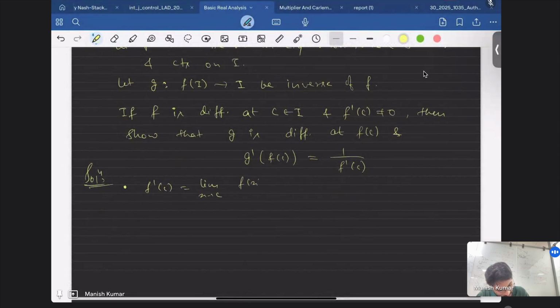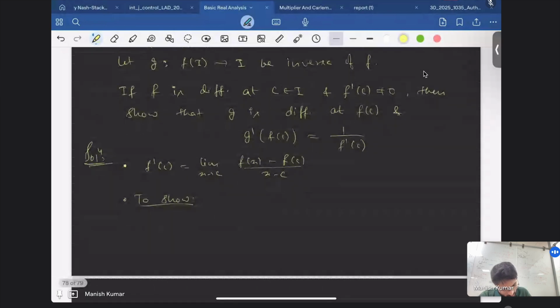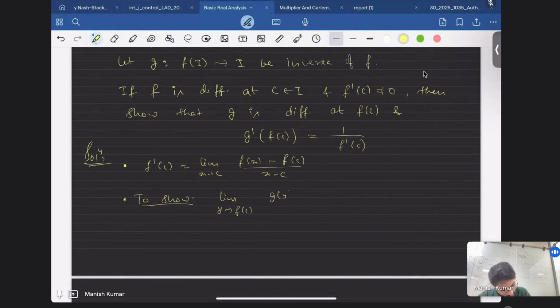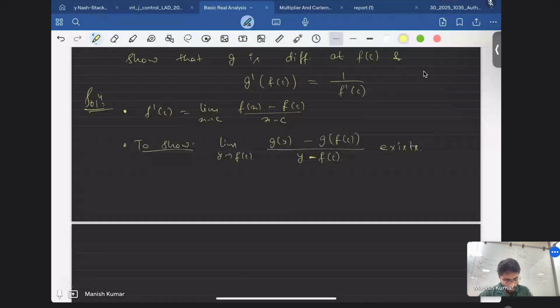Now my goal is to show that g is differentiable at f(c), so limit, let's say y going to f(c), of (g(y) minus g(f(c))) upon (y minus f(c)). I need to show that this exists. Okay, this should be our first goal, and then we'll say that this is equal to 1 by f prime c.